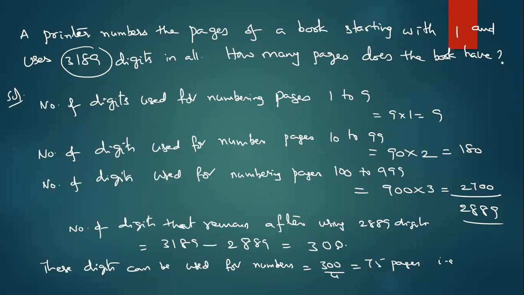Therefore, starting from 1000, up to what? 1000 to 1074 means how many pages? 75 pages are there.